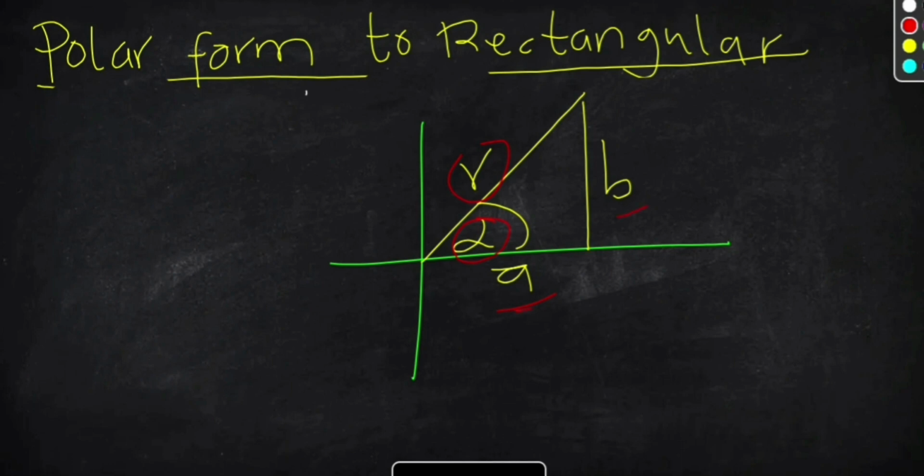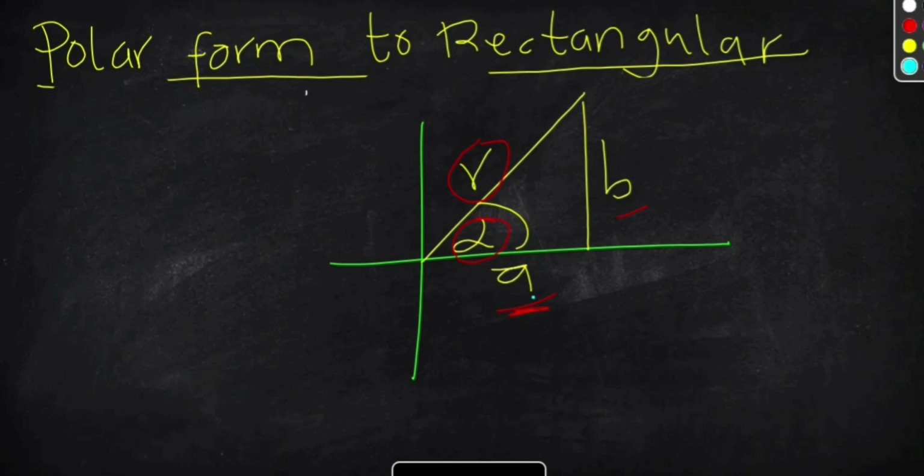So finding A, we have the adjacent and we have the hypotenuse. A is adjacent to the angle, and we have our radius, which is the hypotenuse.